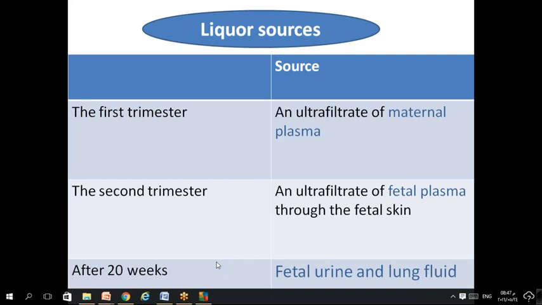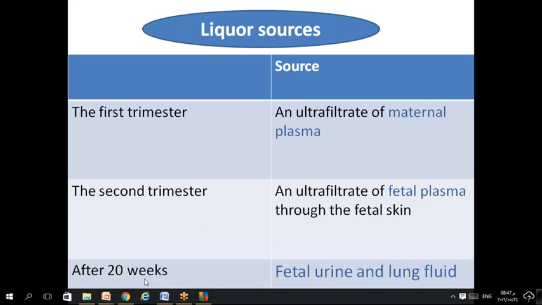And about 1/3 or 1/4 of the amniotic fluid comes from the lung secretions. And this is actually the most important to know, because we actually do not give importance to amniotic fluid as early or earlier than 16 or 20 weeks.